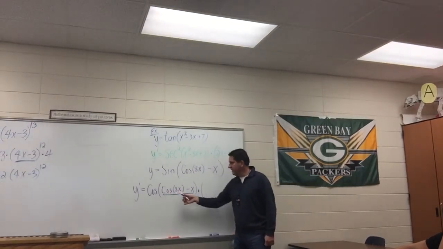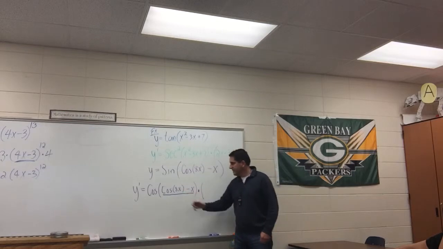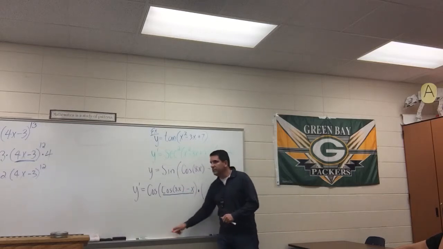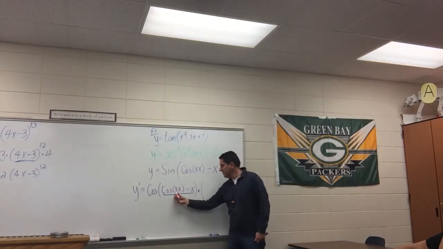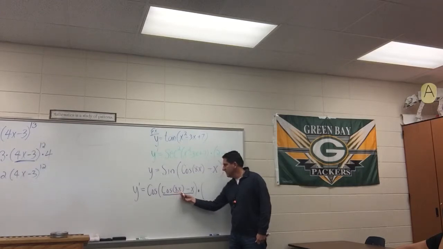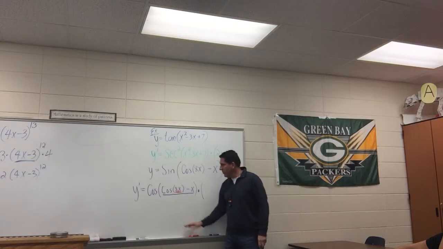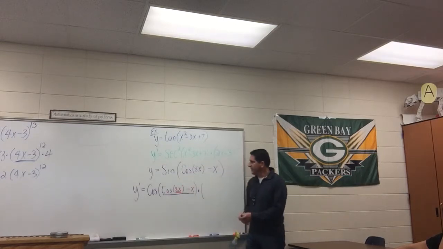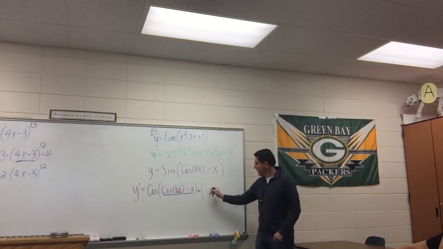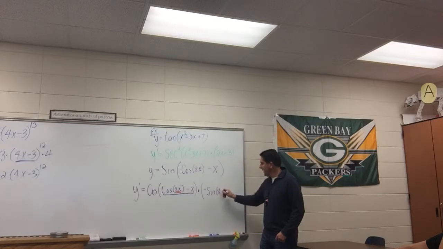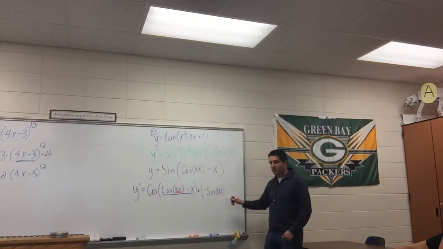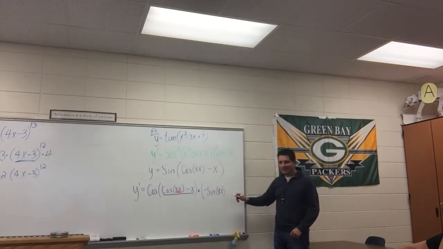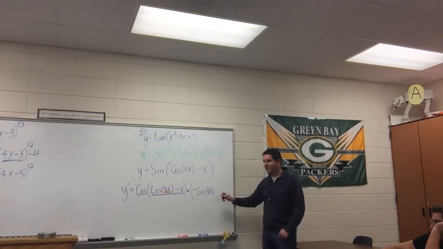Derivative of the cosine of 8x, wait a second, there's another one inside of another one, right here. So that's not a problem now. The derivative of the cosine of 8x, that's going to be negative sine of 8x, times 8.